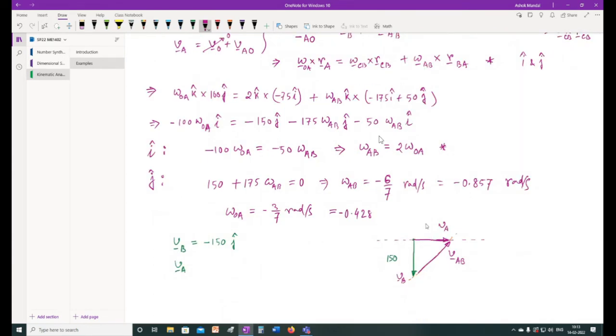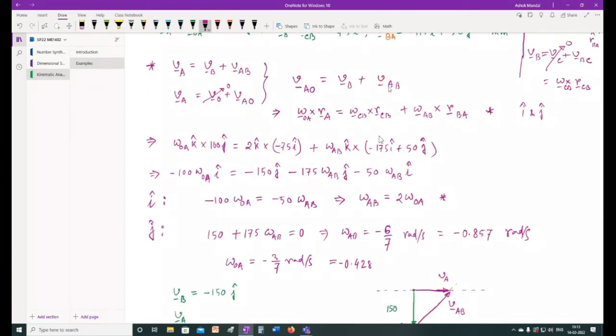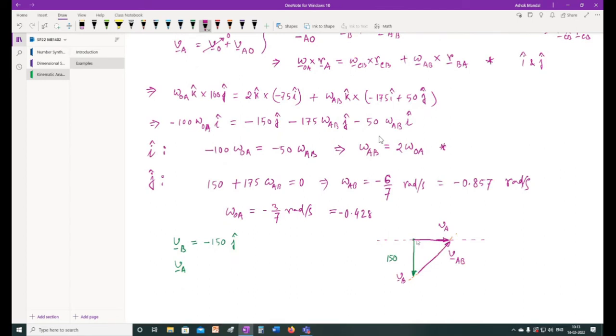The equation we have written here is VA equals VB plus VAB. You see here, VA is equal to this plus this. That is the equation, and we have actually drawn that equation here. Now you see how your graphical method comes into existence. From this, you can find this.